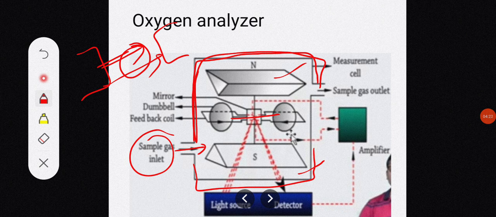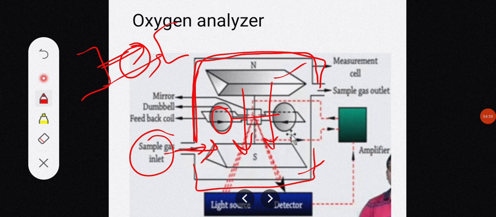When the sample gas having oxygen is introduced into the container and reaches the magnetic field, the oxygen molecules tend to approach the strongest parts of the magnetic field while trying to push the dumbbell aside. And this dumbbell is designed to move freely as it is suspended from the wire.